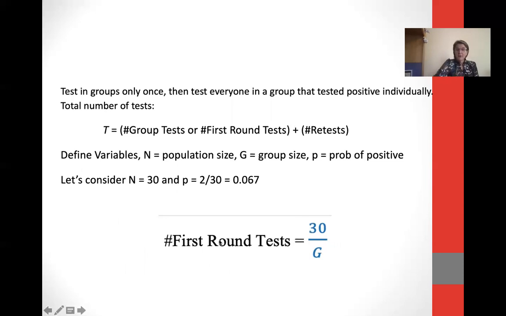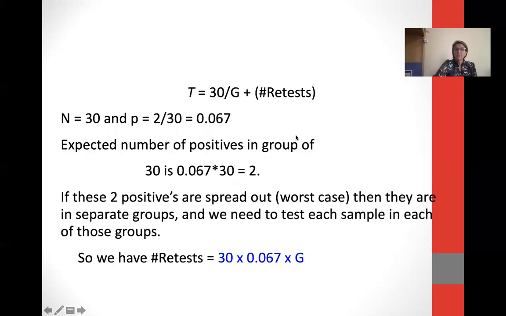So if you think about the number of first round tests, we did that right away when we did our example, right? We said total number of people in the population divided by the group size. And then this is kind of interesting, that probability is 2 over 30. I might even leave it as 2 over 30 and not write it out as 0.067, because we'll see something interesting in terms of this number of retests.